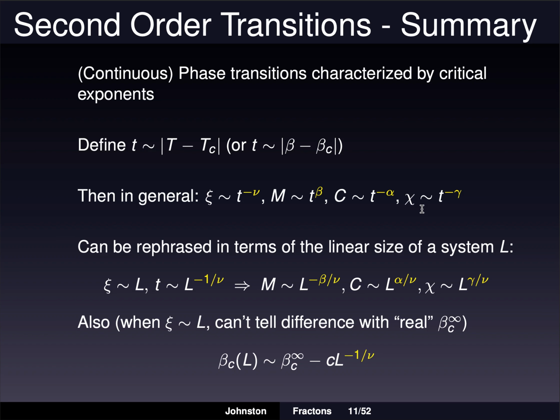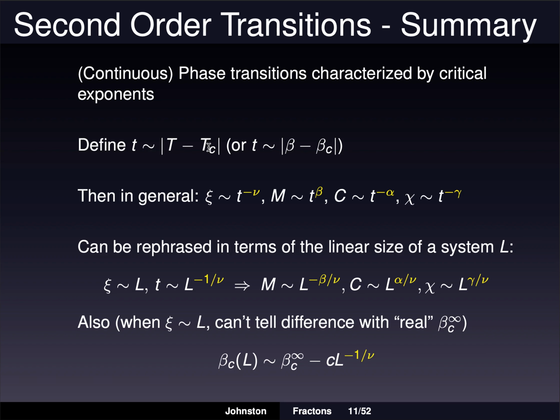So it's very useful to rephrase these critical exponents that are talking about a distance from the phase transition point, the infinite volume, if you like, phase transition point, in terms of slightly different quantities, in terms of the linear size of a system.